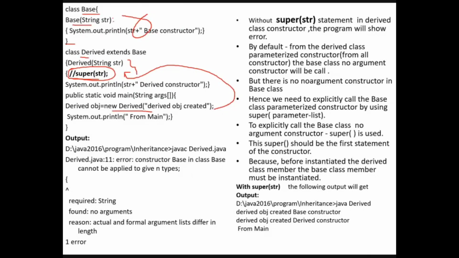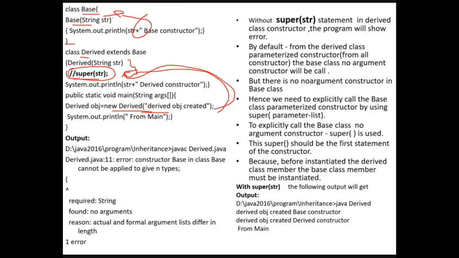When I create an object for the derived class, control comes here and tries to call the base class no-argument constructor, but it is not there, so your program will show an error. Understood?